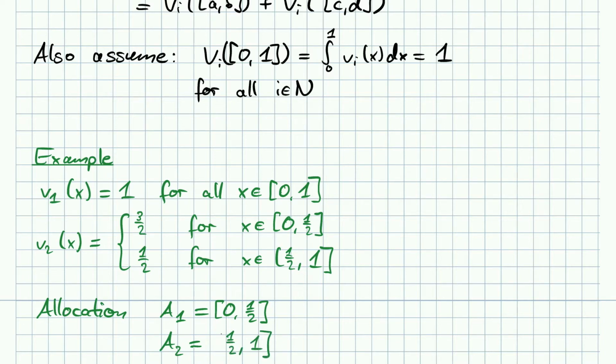So we want to make sure that these are disjoint intervals so that no part of the cake is allocated twice, but as I was saying, we don't care whether these are open or closed intervals. So from the perspective of agent 1, this looks like a very fair division.